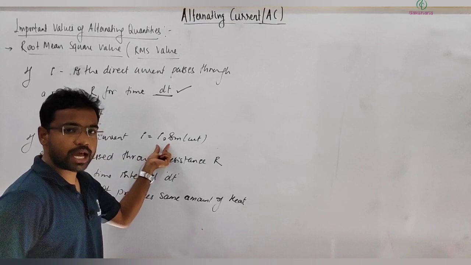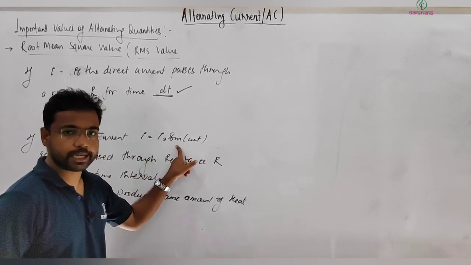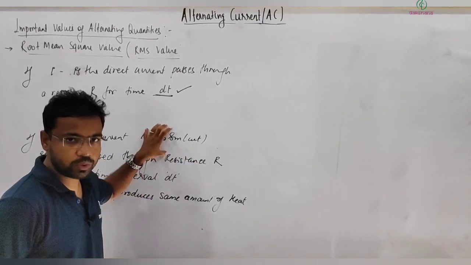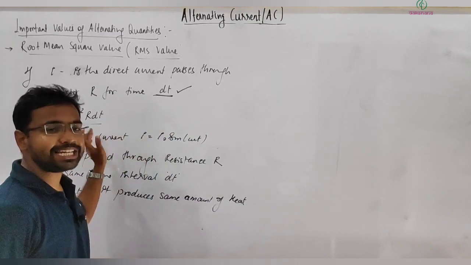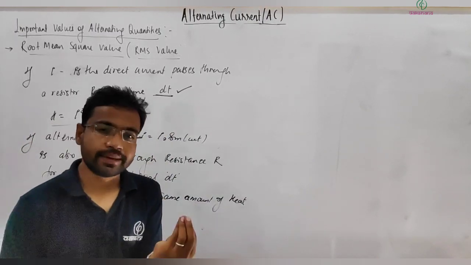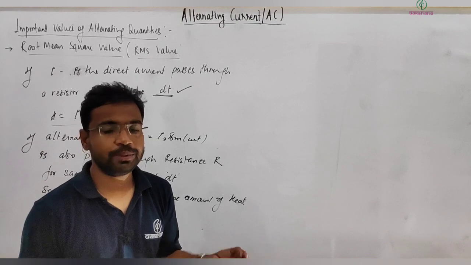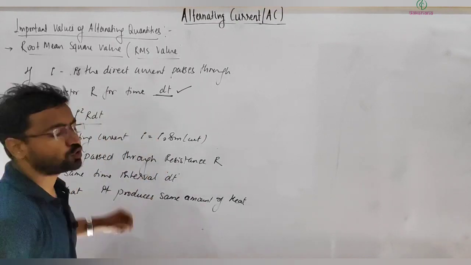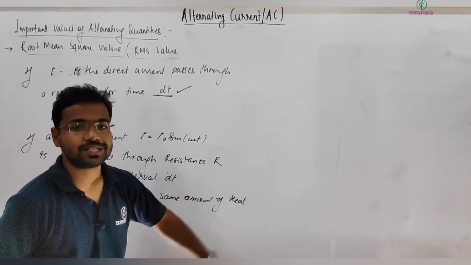Its peak value is I naught. This is the AC current. Its effective value is such that it works exactly like DC. That effective value we call RMS value, because mathematically it comes out to be the expression I just derived.